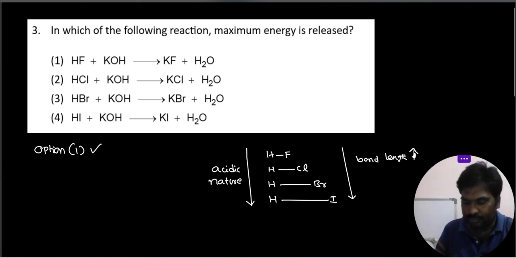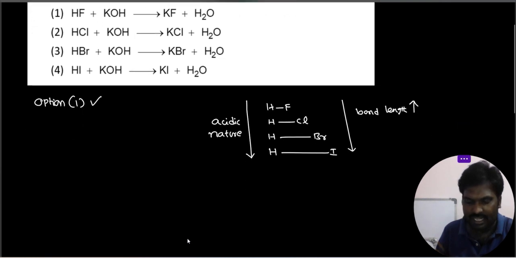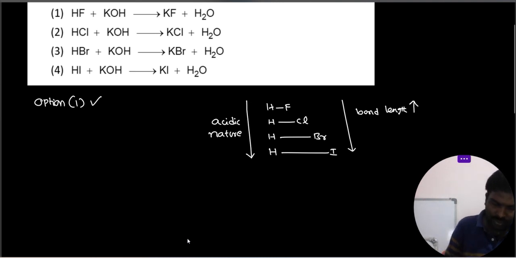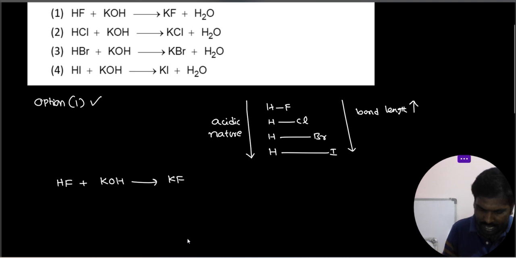Reason: generally ion dipole interactions. Here, HF plus KOH giving rise to KF plus water.